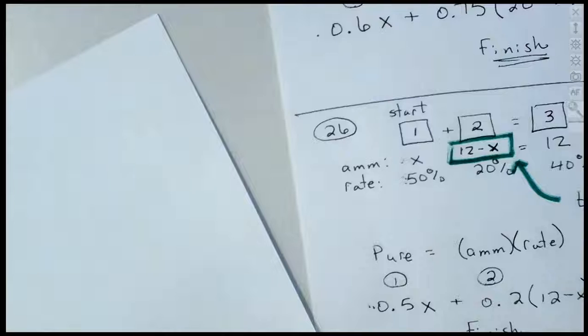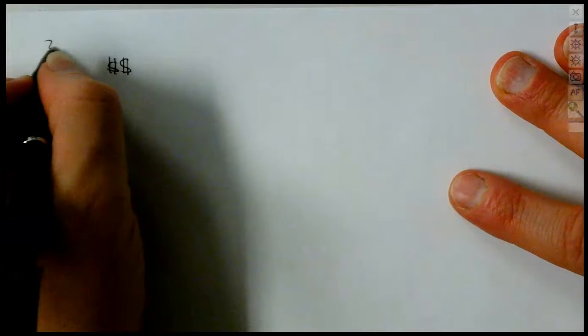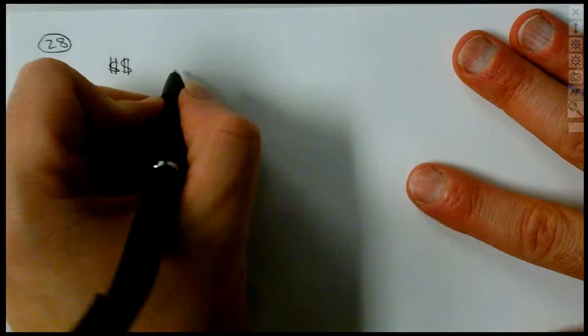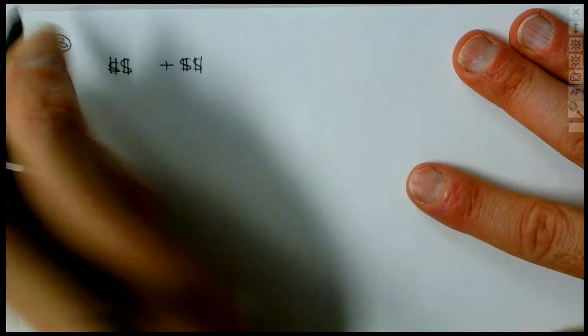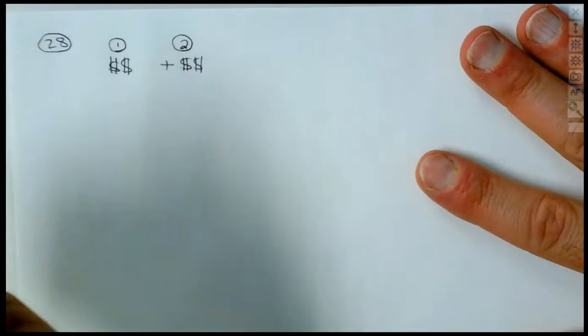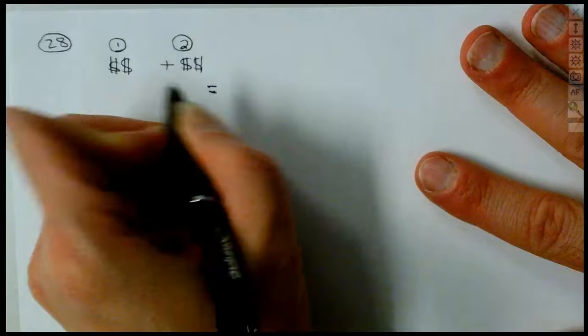This is going to be set up in a very, very similar manner to the mixture problems. Not much difference at all. Instead of using little containers, though, I'm going to use dollar signs. And this is question 28. We'll take a break after this question. We've got to label these. These are going to go together here, just like we did before.